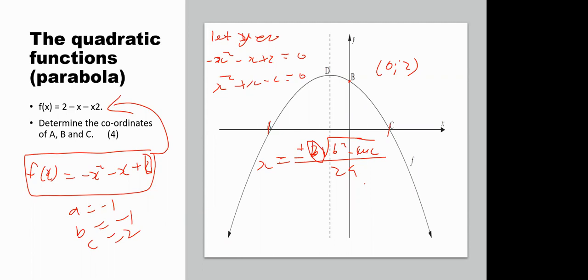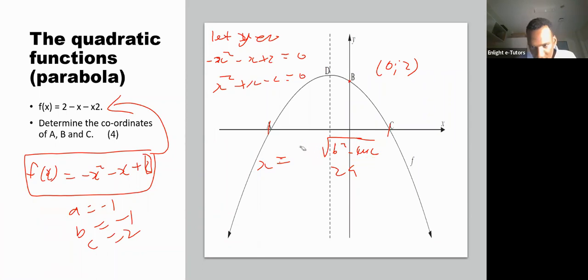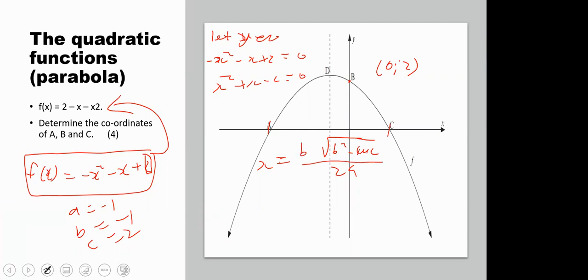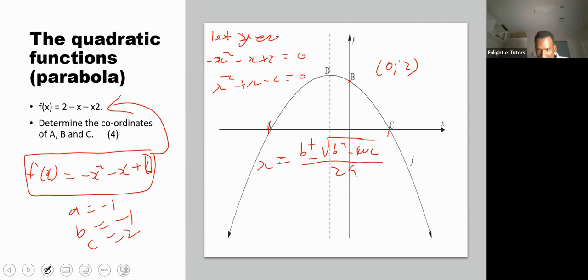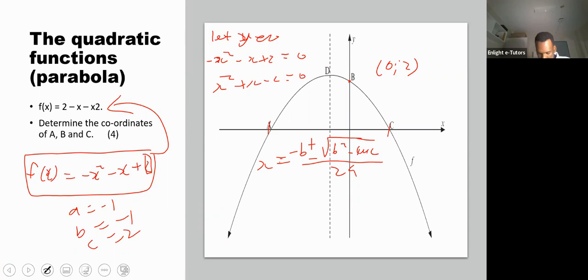Oh, no. Wait, I made a mistake here in this equation. Here, it's minus b plus or minus. Yes. Okay. Thanks. And then the square root. The inside one is fine, right?